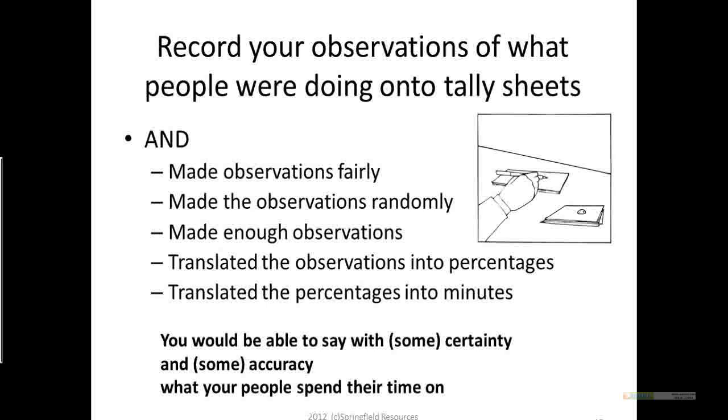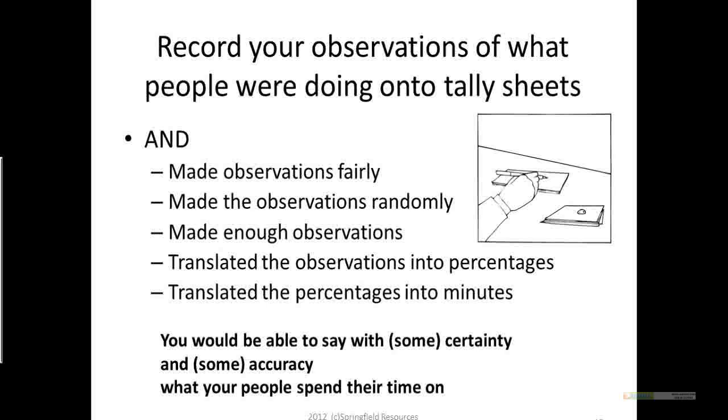We want to translate the observations into percentages. So what we're saying is if I have 1,000 observations and say 400 of them are in the category of direct or working, then I would say that 40% of the time in this shop people are working. Then I translate the percentages into minutes, and I would say, well, what's 40% times 480 minutes?